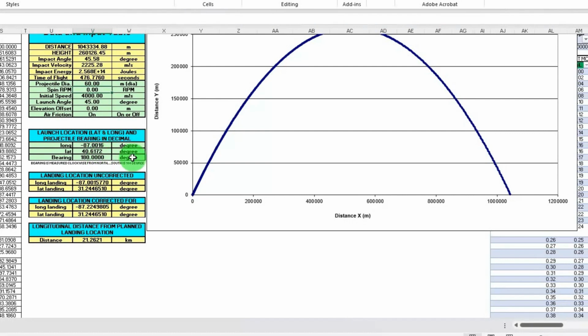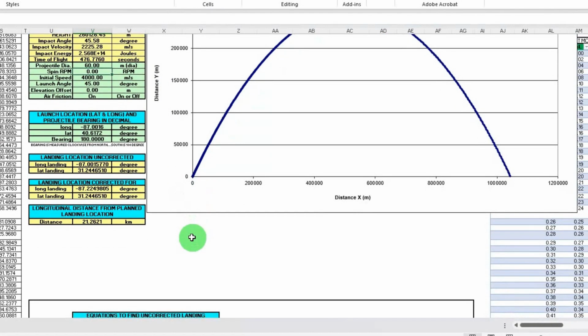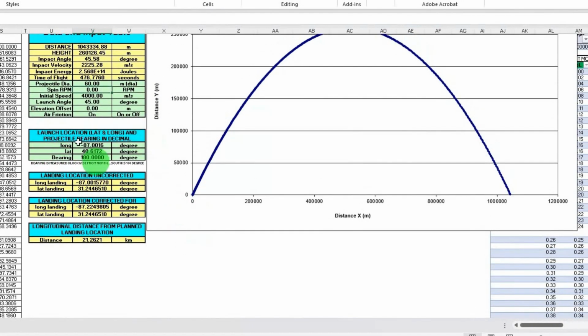So that's perfect south. This bearing is measured from north being 0 and the direction being clockwise in degrees. And so we assign this information.